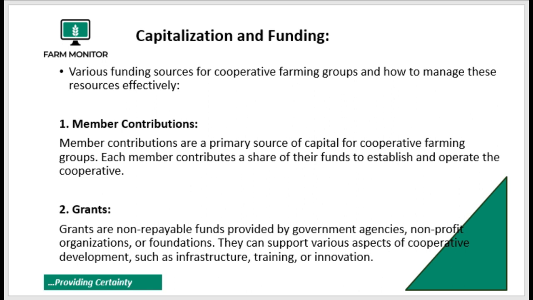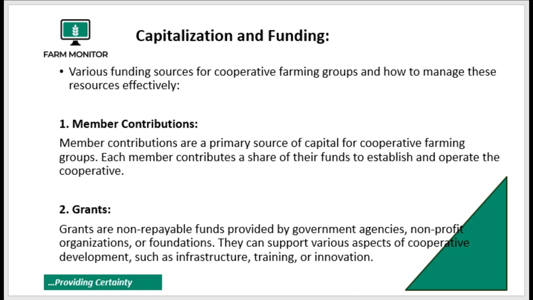So to effectively manage this, the share purchase requirements for each member must be clearly stated in the bylaws. A fair and equitable system for contributions must be created, considering the members' capacity or various cadre of membership.